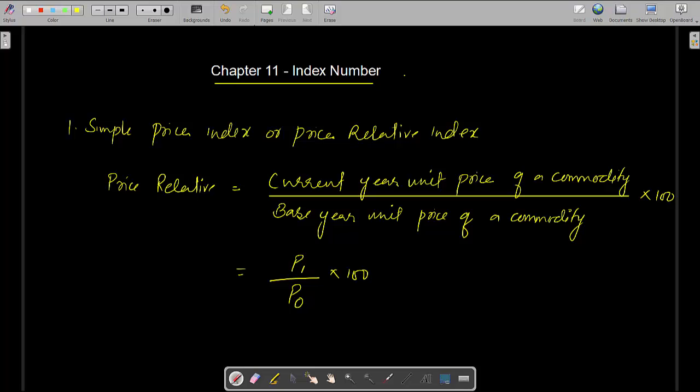The second one is aggregate price index, or composite price index. The formula to calculate this, I'm not going to write it in full form, I'll just give you the formula.